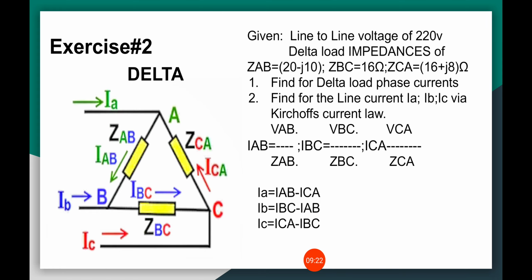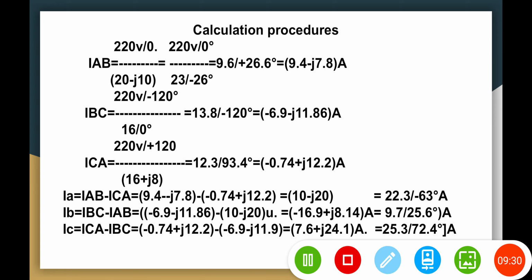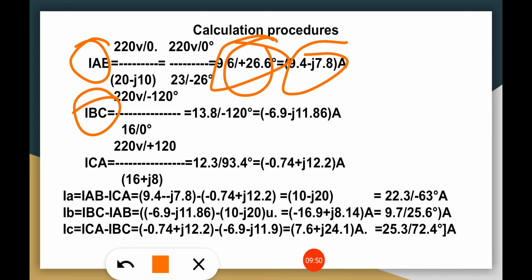Let's substitute in this manner, the calculation procedure. We have IAB with its polar equation, the magnitude and phase angle, and IBC also with magnitude and phase angle in polar form.